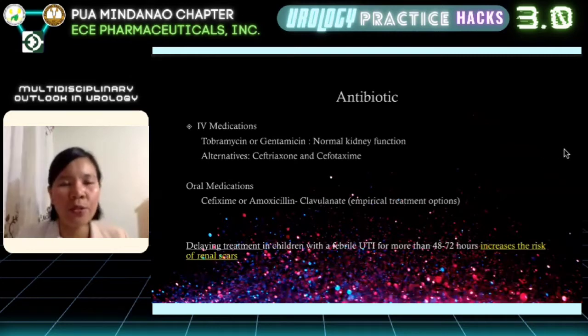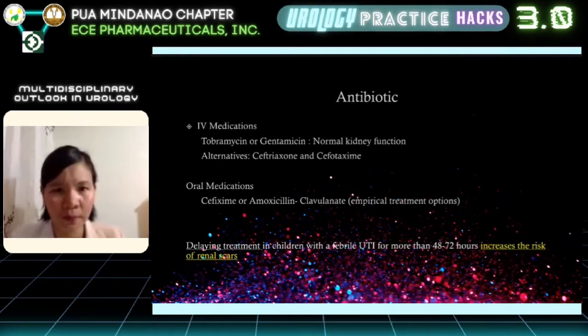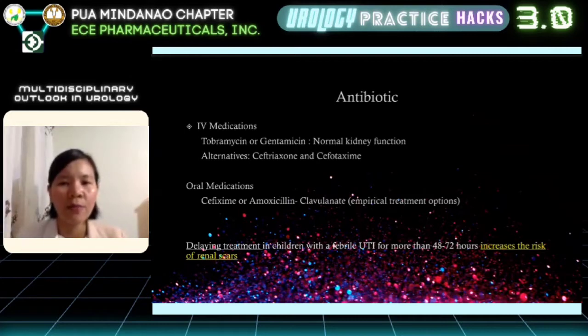However, for those children with abnormal kidney function, alternatives are ceftriaxone and cefotaxime. In children who can receive oral treatment without any known resistance on urinary culture, cefixime or amoxicillin-clavulanic acid can be used as empiric treatment options.